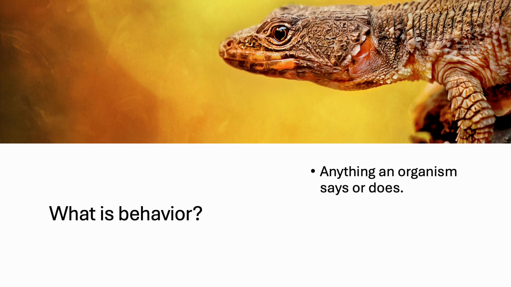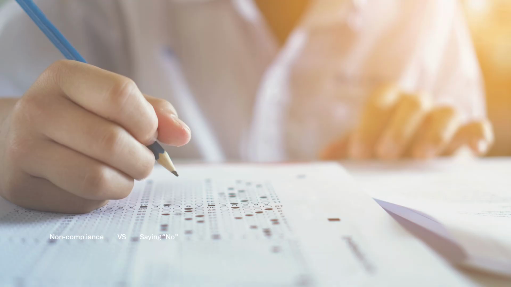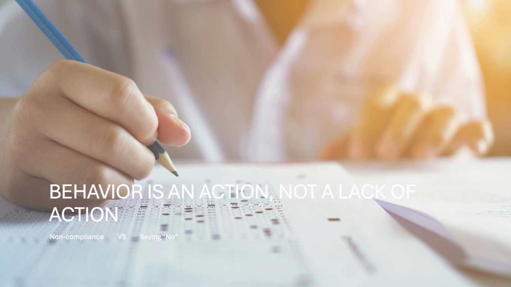It refers to any interaction between the organism and its environment that results in some measurable change in at least one aspect of the environment. So what this means is that behavior is an action. It has to produce some measurable change. Behavior is not a lack of action.